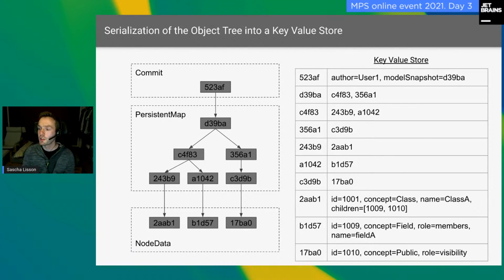But the point is, this is a hash tree. And Git also works with hash trees, and we have the same. Git is very good at guaranteeing convergence, and that's because this hash, this commit ID that you know from Git, is just a hash over all the content of this commit.